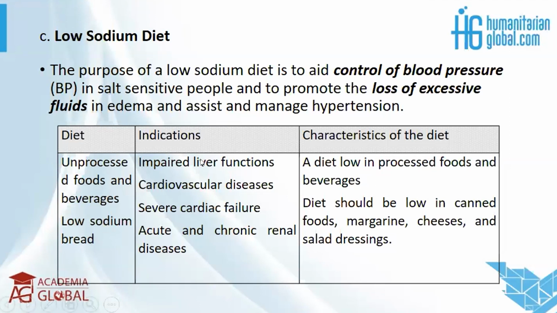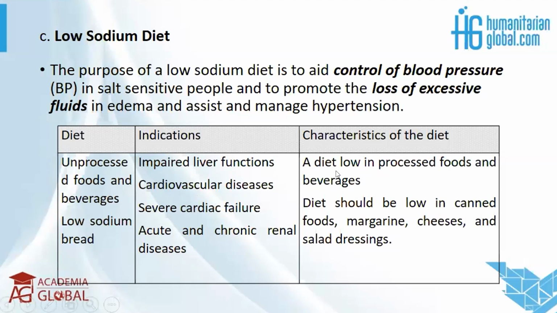Indications are when we have impaired liver function, when we have cardiovascular diseases, you know, severe cardiac failure, and kidney conditions. When you have conditions of the liver, of the heart, and of the kidney, then a low sodium diet should be considered.